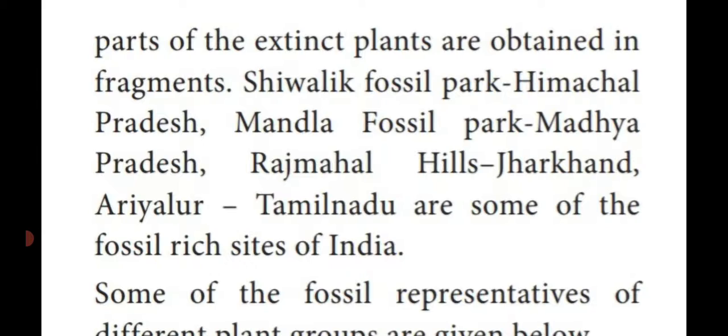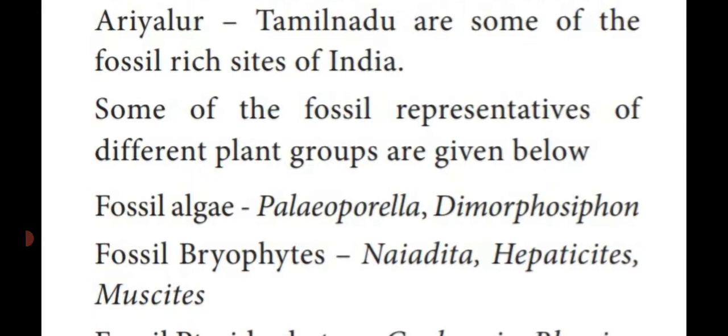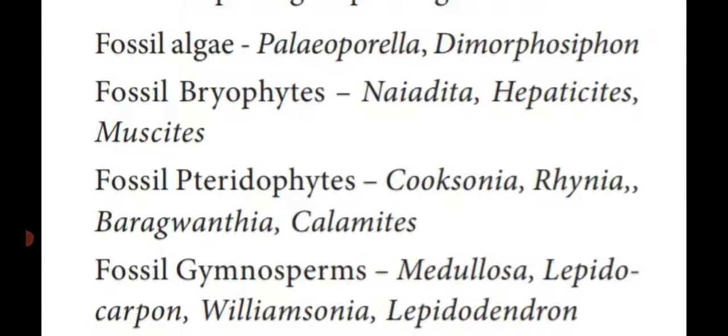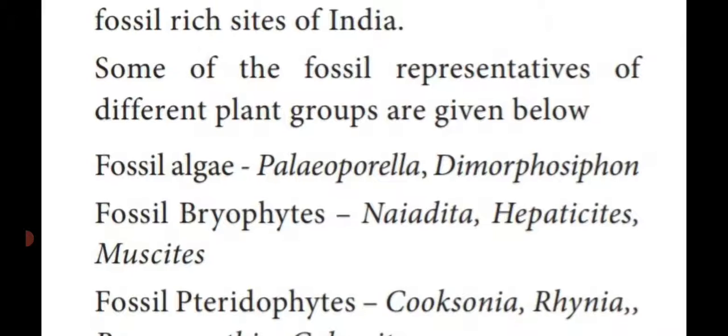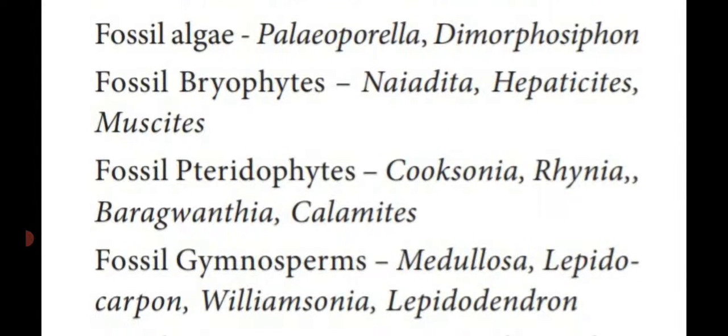Then some of the species are also given here, which are identified as different groups: algae, bryophytes, pteridophytes, gymnosperms and angiosperms. Some of the fossil algae are Paleoporella and Dimorphoscypon. Fossil bryophytes are Naiadita, Hepaticites, Muscites.